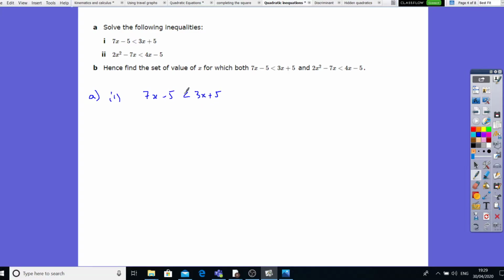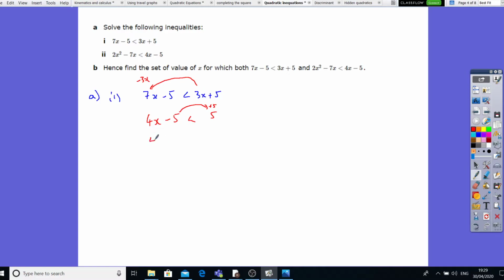So I'm going to bring all the x's to the side which has got the most on, just like solving equations. I'm going to take the 3x to the other side, which becomes minus 3x. So 7x minus 3x is going to give me 4x. And I've got minus 5 here, so this one goes to that side, the opposite of minus 5 becomes plus 5.